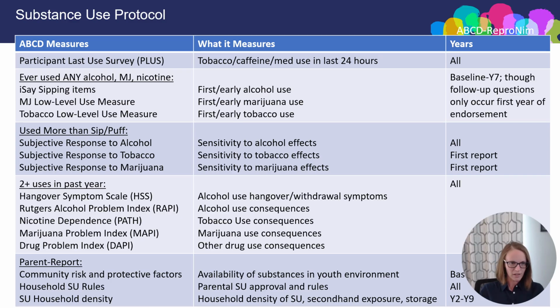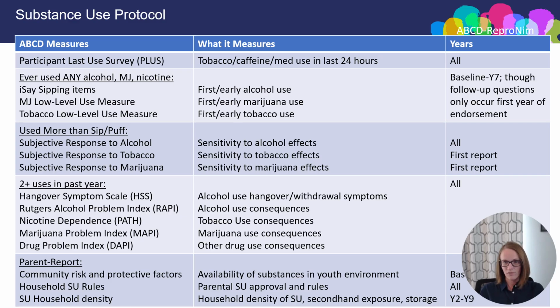We didn't want to ask them about things that they wouldn't be knowledgeable about. So if they'd heard of a substance, which the vast majority had heard of things like alcohol and even marijuana and tobacco, we then ask them, have you had any exposure? Have you had any sips? Have you ever puffed a tobacco cigarette or other nicotine product? And so this is to capture those very first experiences with use.